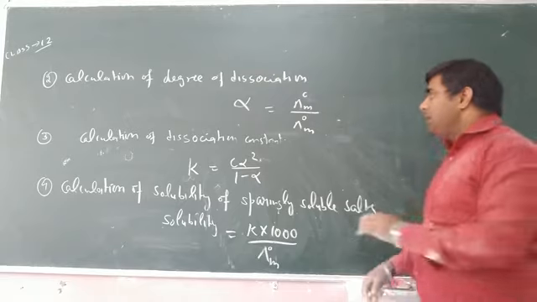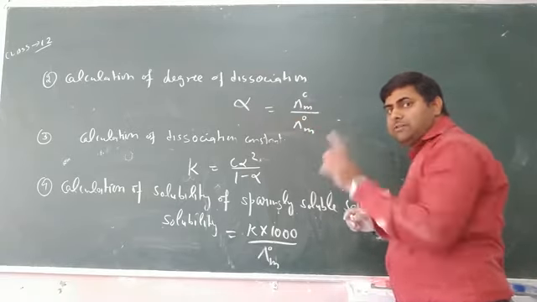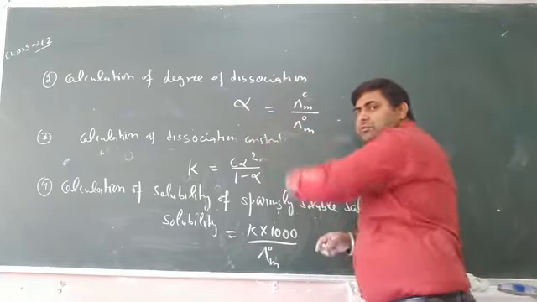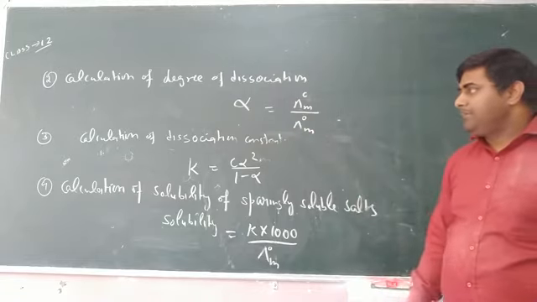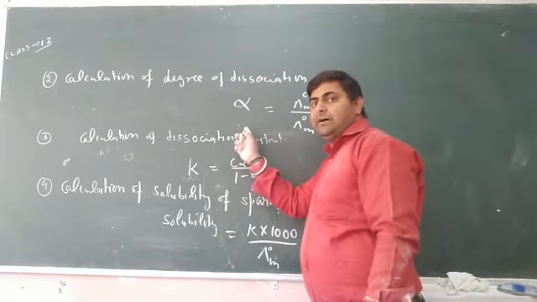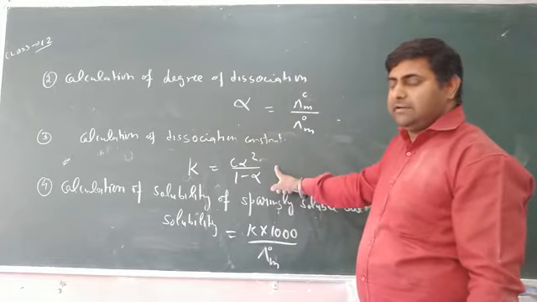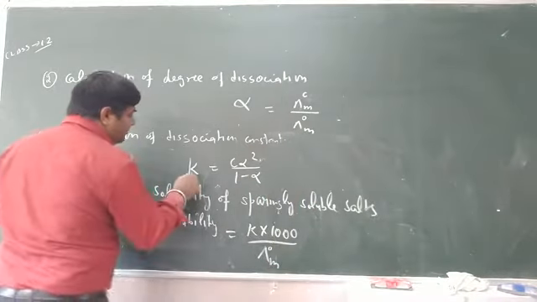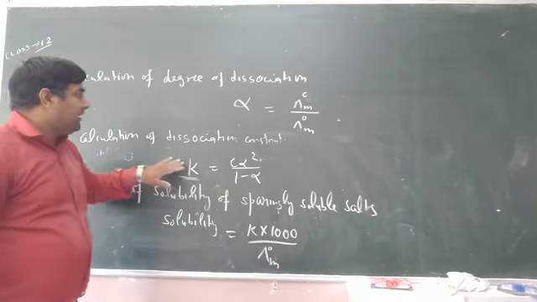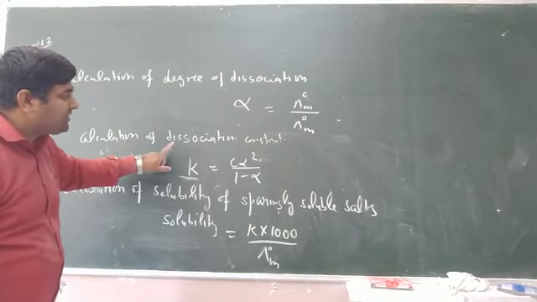If we know the value of lambda m0 by using the first application, we can easily calculate the degree of dissociation, alpha. Now the third application: after calculating alpha, we can easily calculate the dissociation constant K. Keep in mind, alpha is the degree of dissociation and K is the dissociation constant.